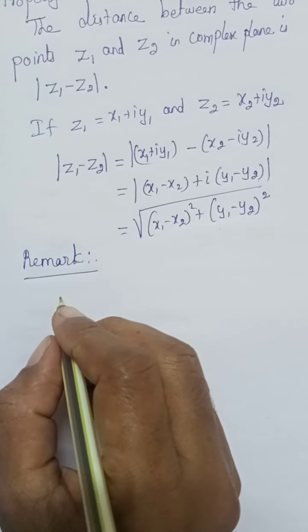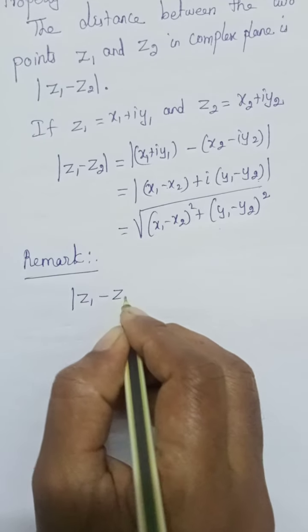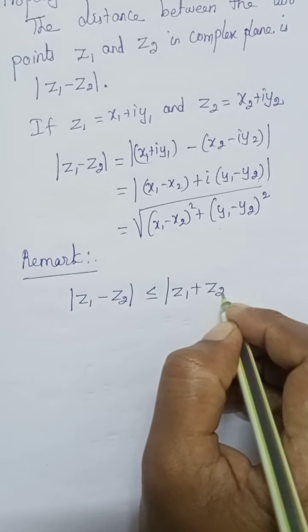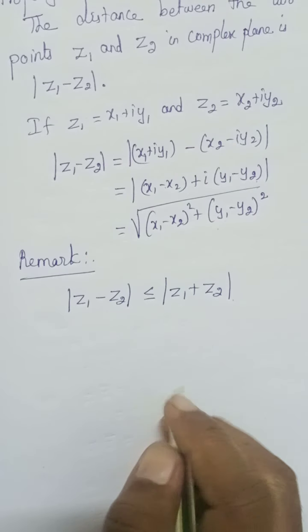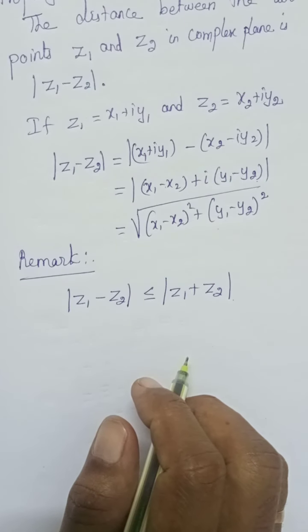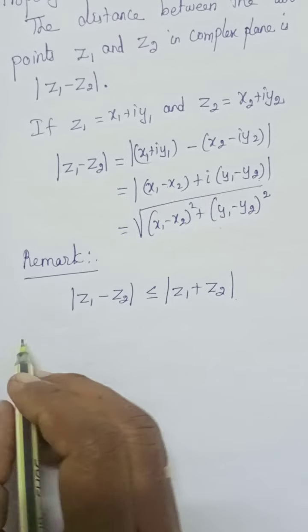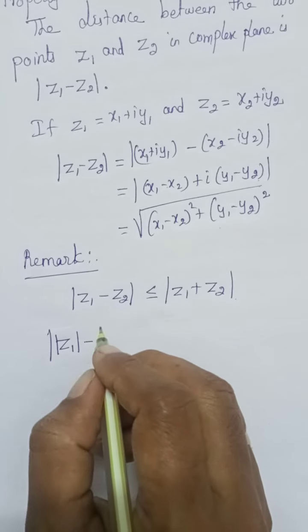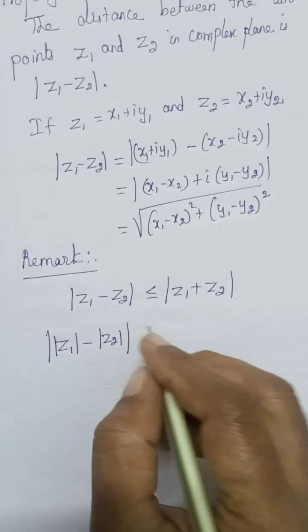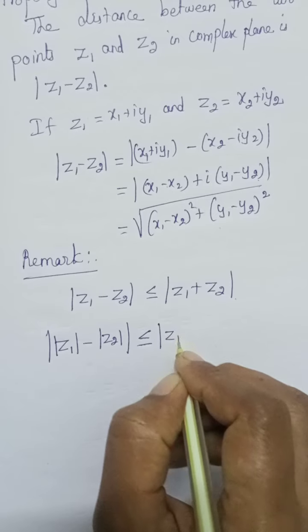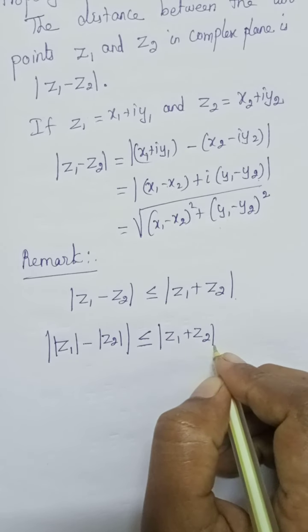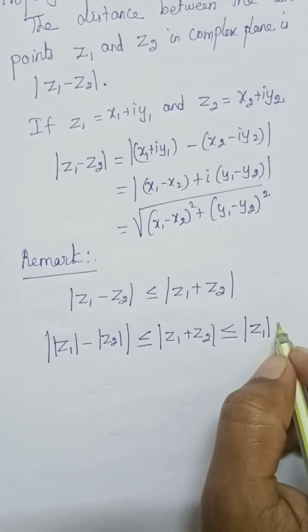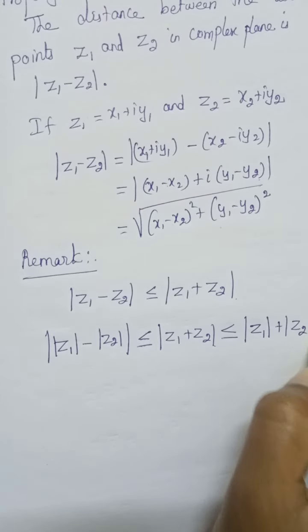Modulus z1 minus z2 is less than or equal to modulus z1 plus z2. This is 1. And modulus of (modulus z1 minus modulus z2) is always less than or equal to modulus z1 plus z2, and as per the triangle inequality, this is less than or equal to modulus z1 plus modulus z2.